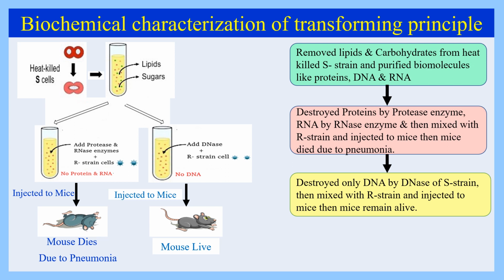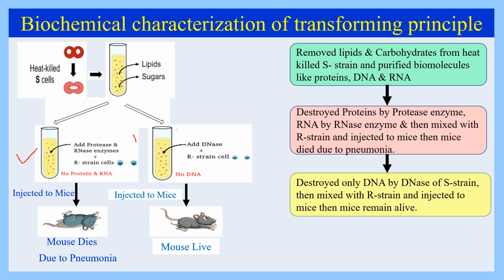From this, they concluded that in the first step, only DNA is present, and that DNA is transferred to the R strain. Hence R strain develops a capsule layer and becomes S strain. Hence the mice die due to pneumonia.